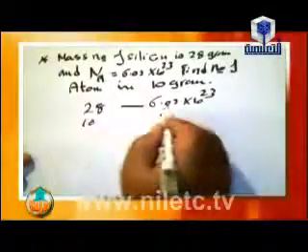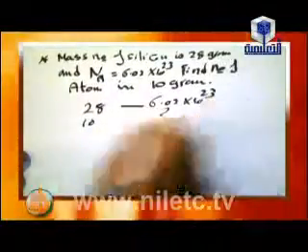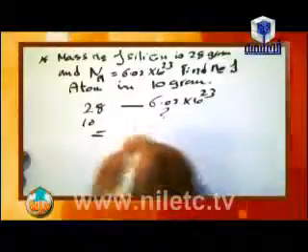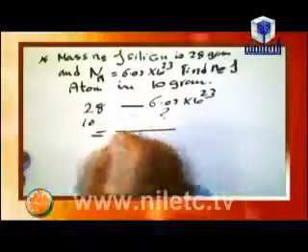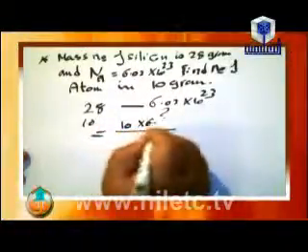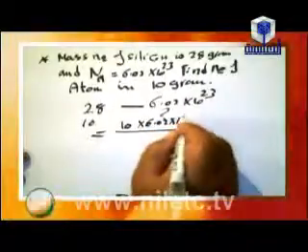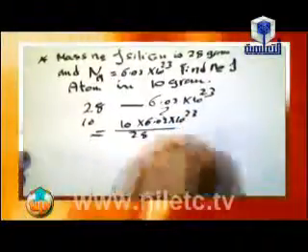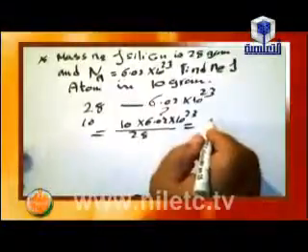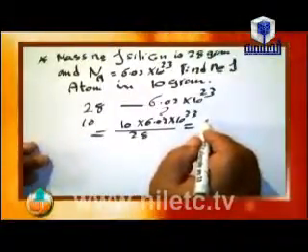So 10 gram contains 10 times 6.02 times 10 power 23 divided by 28. So the number of atoms equals 10 times 6.02 times 10 power 23 divided by 28. So we can find the number of atoms in silicon.